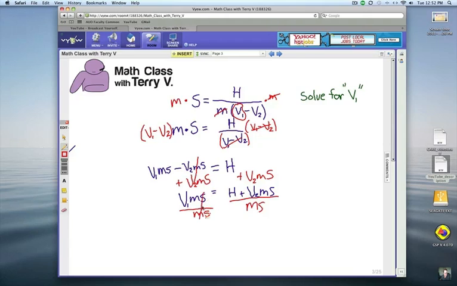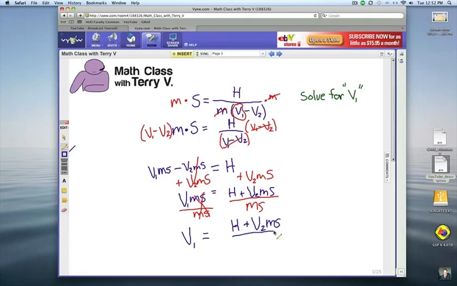So finally, after a lot of manipulation, we end up with our final answer in terms of V1: V1 equals H plus V2 MS, all over MS. Now you cannot cancel the M's and the S's because of this addition right here. It's a part of one term, not a part of both terms on the top. Although it looks like a mess, we have solved a literal equation in terms of one of the variables.